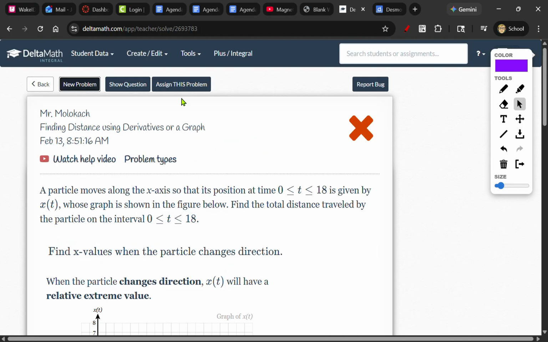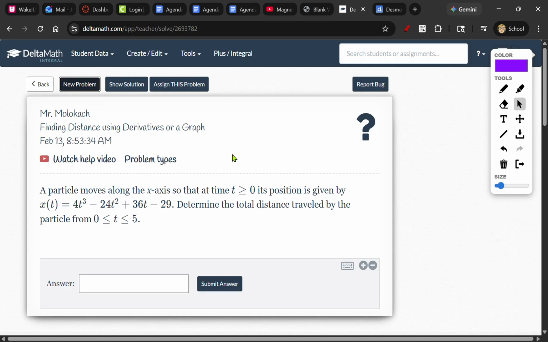Probably going to change this to make sure that you actually have an expression for x of t rather than having to use the graph. So in this case, if you have an expression for x of t, you can actually compute this without having to estimate things, right? So you're going to do the integral from 0 to 5, square root 1 plus derivative squared.